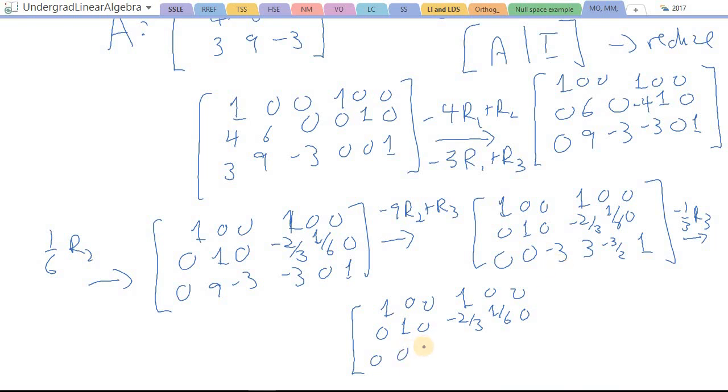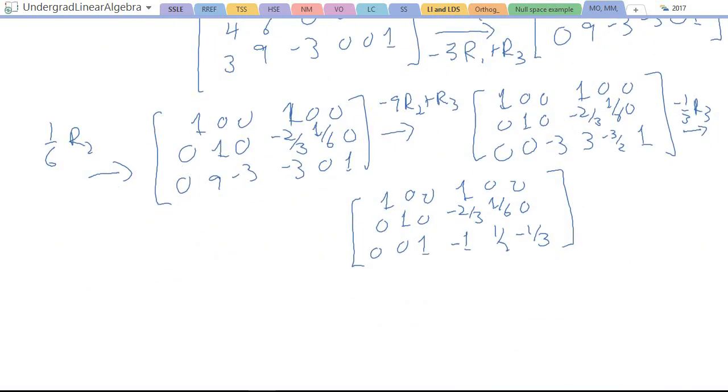Minus 3 becomes a 1 when I multiply by minus 1/3. Minus 1/3 times 3 is minus 1. Minus 1/3 times minus 3/2 is 1/2. Minus 1/3 times 1 is minus 1/3. Okay? All right, so my final result is 1.